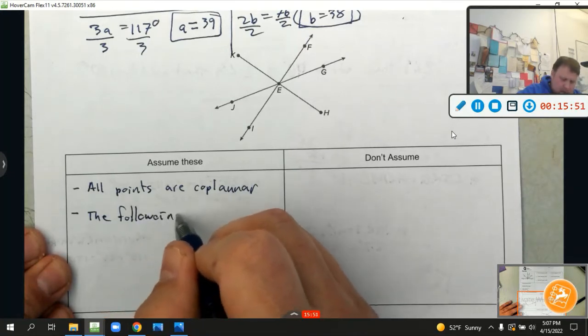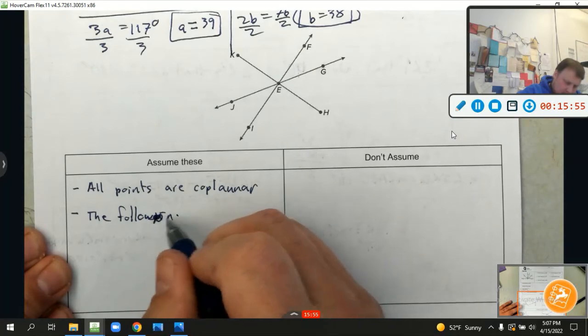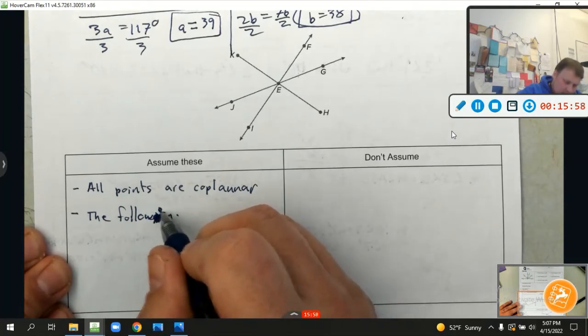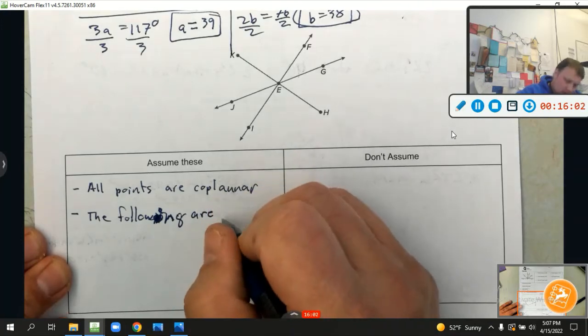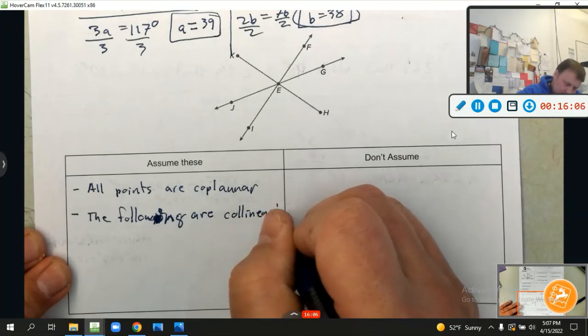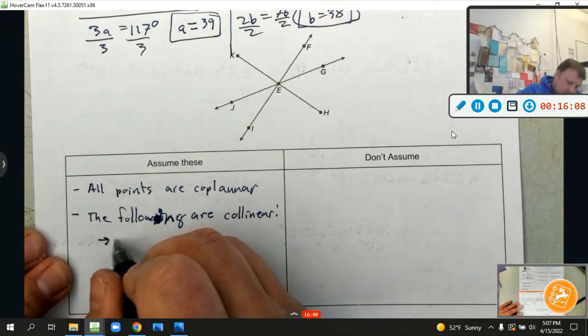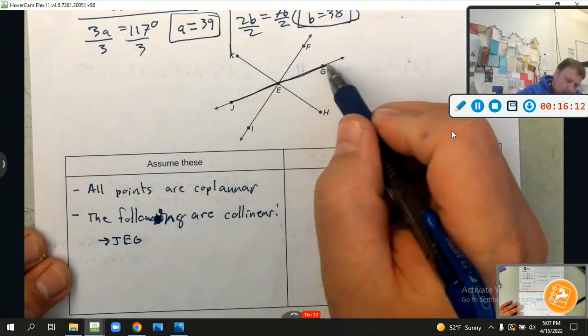In other words, the following are collinear: J, E, G. So these points on this line are all collinear.